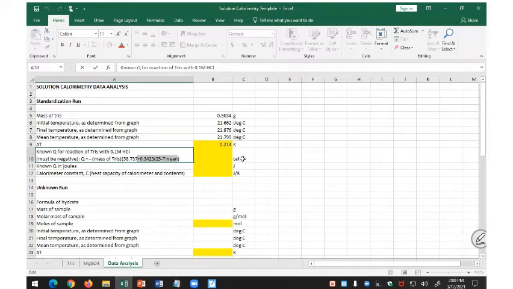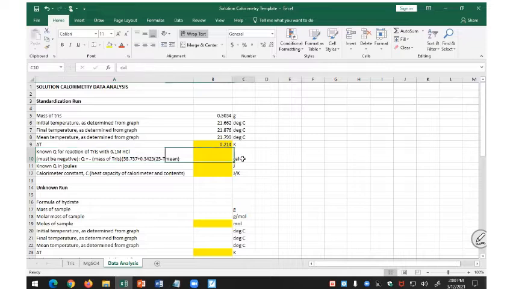Okay, I'm in calories. Traditionally these things were done when the calorie was more in use. So this will give you the number in calories. It should be negative because this is an exothermic reaction. The manual actually doesn't put that negative in, but let's go ahead and put it in because we know that delta H should be negative.